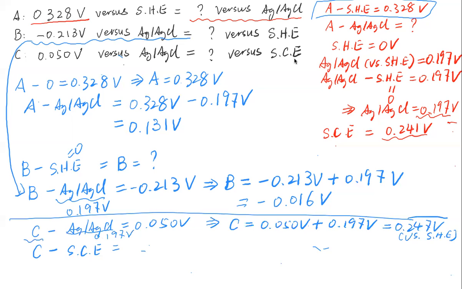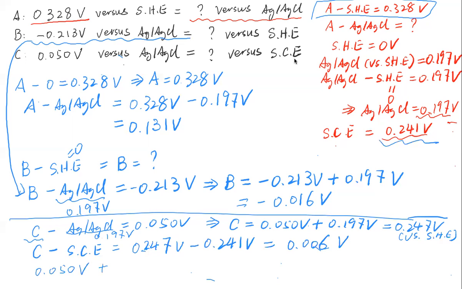Now, when you want to calculate versus SCE, you need to bring in the SCE potential. So this will be 0.247 volt minus SCE, which is 0.241 volt. So at the end, you have 0.006 volt, okay? So now you can see that when you're trying to convert from silver chloride to SCE, you're calculating 0.050, that's the difference versus silver chloride.